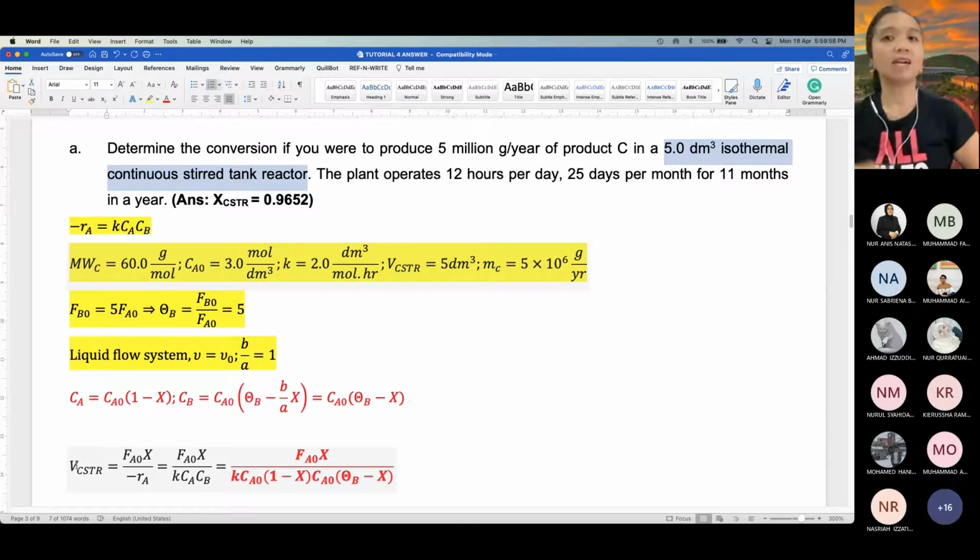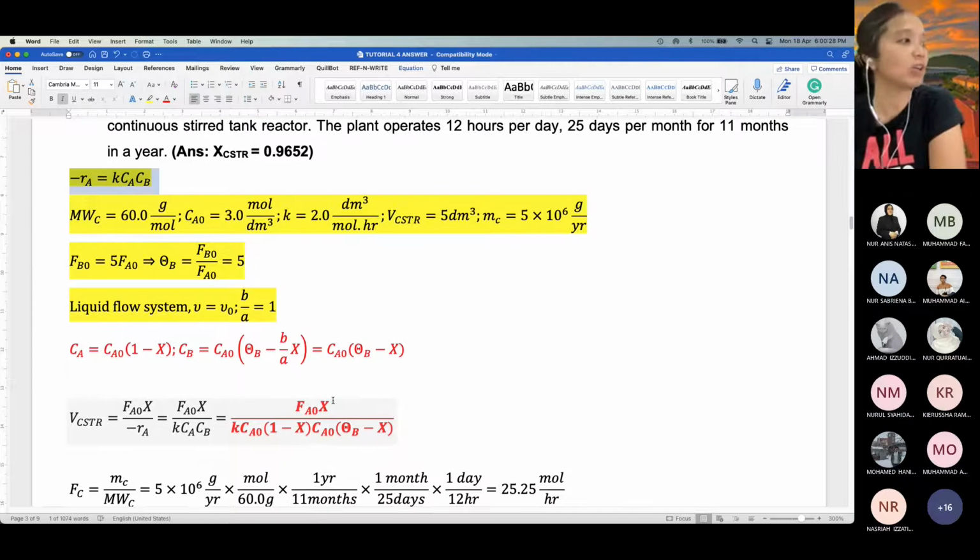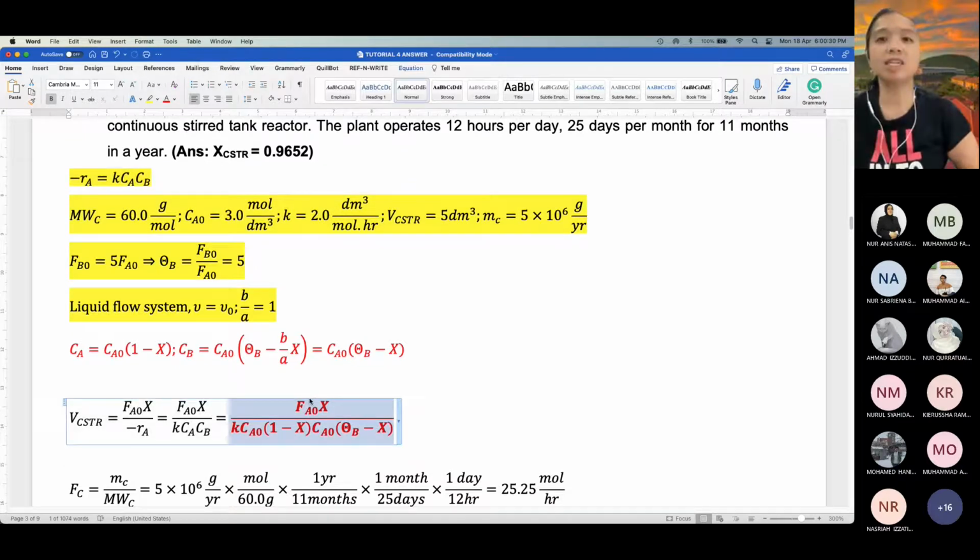Tetapi you have to be very careful pula. Again, you have to check. Design equation untuk volume ada berubah, ada berlainan, depends on the three condition that I told you, which is first, dia mesti CSTR. Second, it must be liquid. Third, it must be rate law dia minus RA equals KCA CB. So you must find daripada notes kamu which equation that fulfill these three condition, and there's only one equation which now I've already written in the red one.